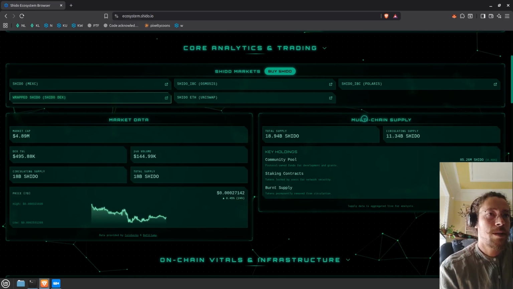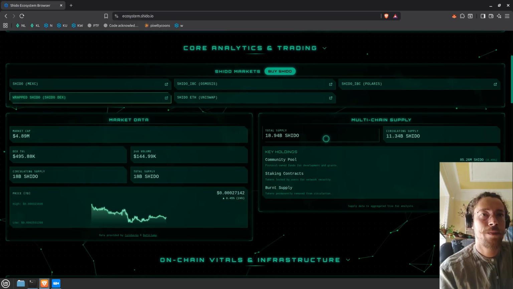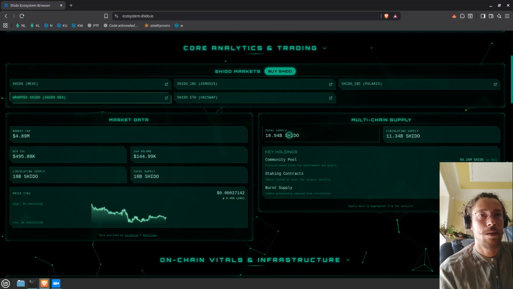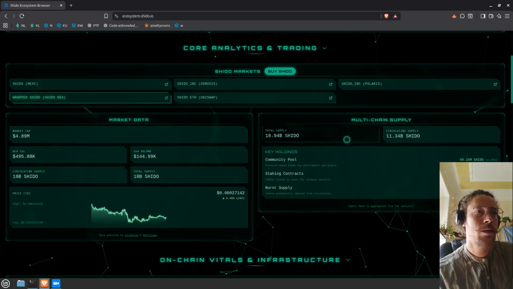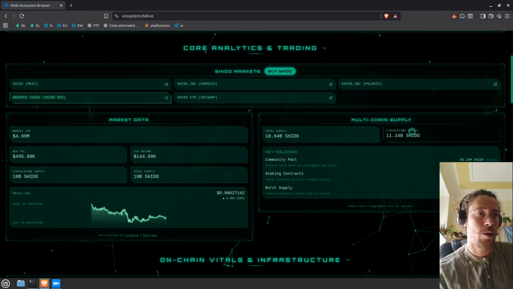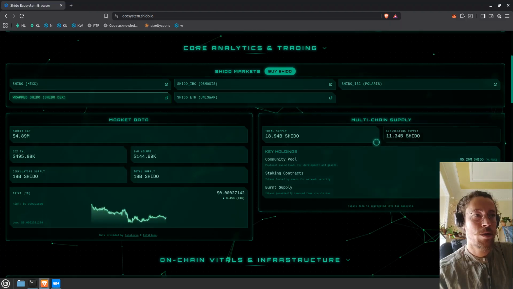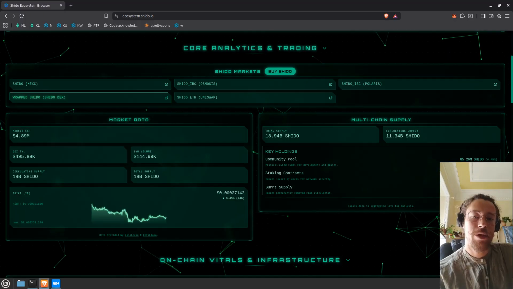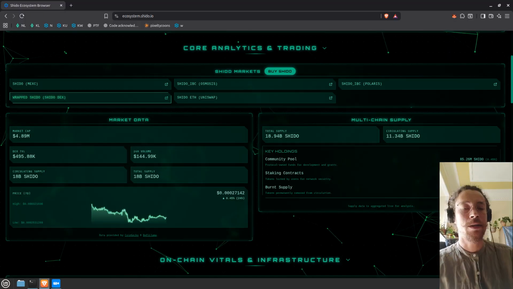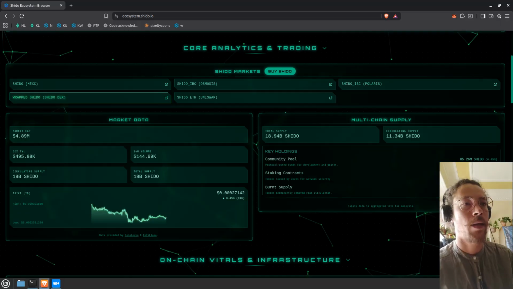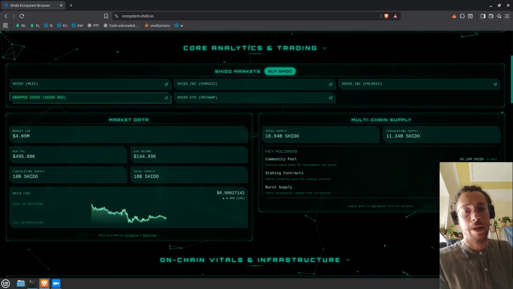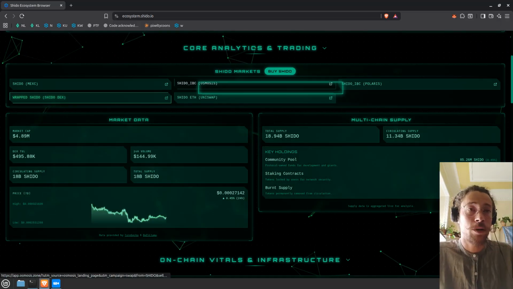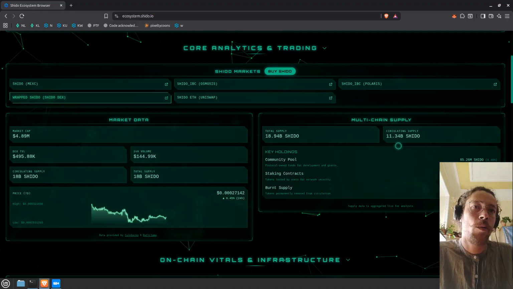Then you have on this side the multi-chain supply. This is the total supply on Shido mainnet, and what is currently circulating, because there is a big chunk percentage of the supply that is currently staked for governance and node validators, which is a very important role and is also very well paid.